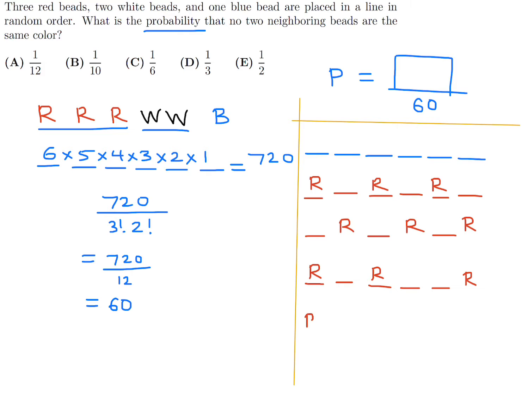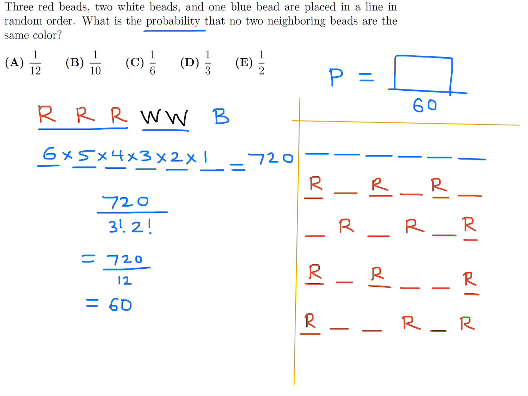And then similarly, we can also put them like this. This represents all the possible ways that the R's can be placed. As you can see, they're not together, so we have so far satisfied our rule that no two neighboring beads are the same color. Now our task is to place the other ones.